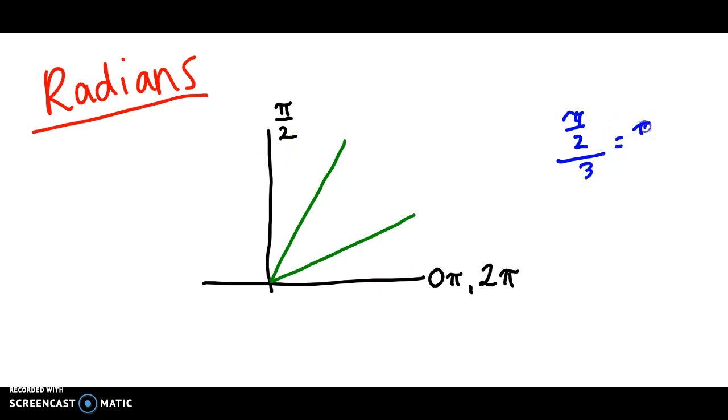So that would be pi over 6. So each section is going to be pi over 6. But the distance from this angle to this one is going to be 2 pi over 6, which is pi over 3. This would have been 3 pi over 6, which is pi over 2, so that makes sense.